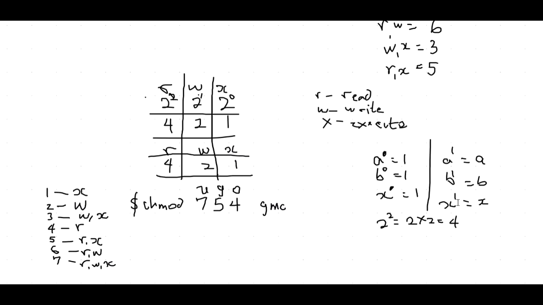For user, as far as this GMC file is concerned, what permission do we have? Read, write, execute. That's 7. Group we have 5, what is that? Read and execute. While others we have 4, read only permission.